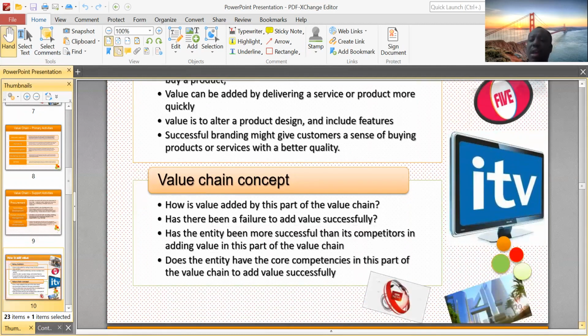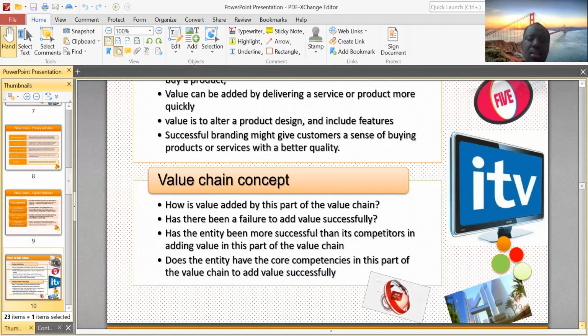So when we talk about the value chain concept, we are referring to certain critical questions that the organization will be asking itself, like how is value added by us as an organization? Where have we failed to add value successfully? Have our competitors been more successful in adding value? And what can we learn?